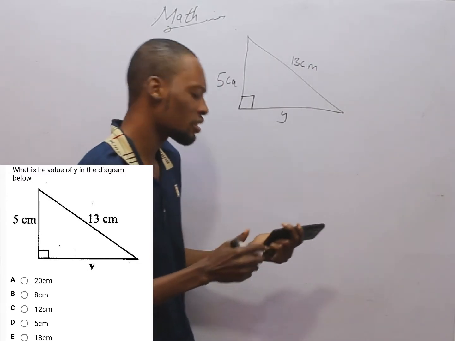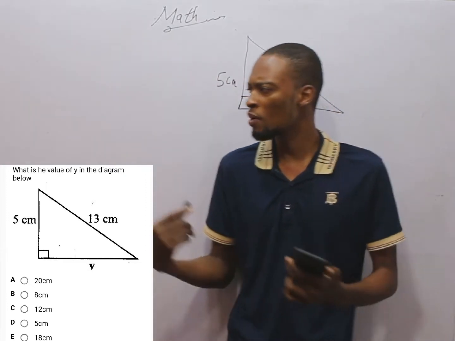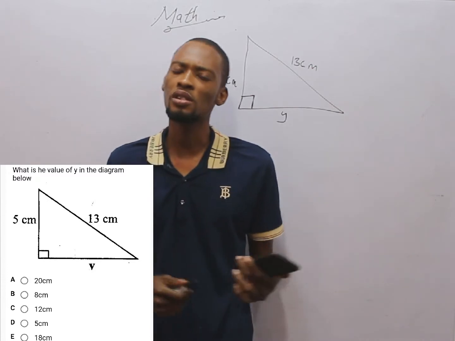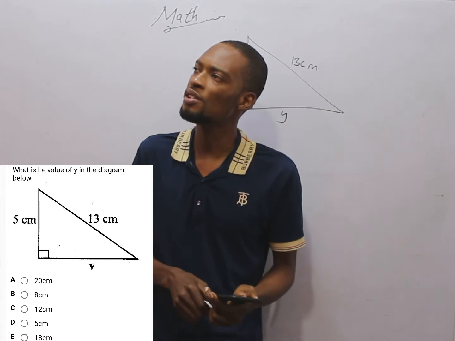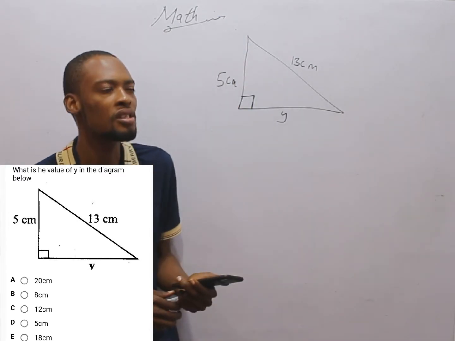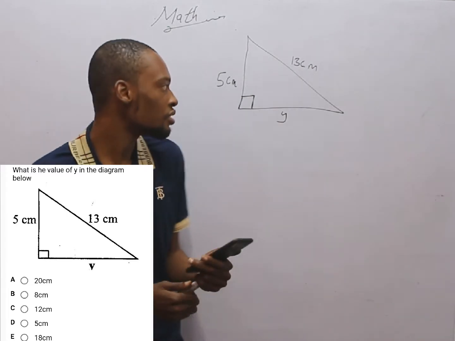The sum of angles on a straight line is 180 degrees. The sum of angles in a triangle is 180 degrees. The sum of angles in a circle is 360 degrees. The sum of angles at a point is 360 degrees.